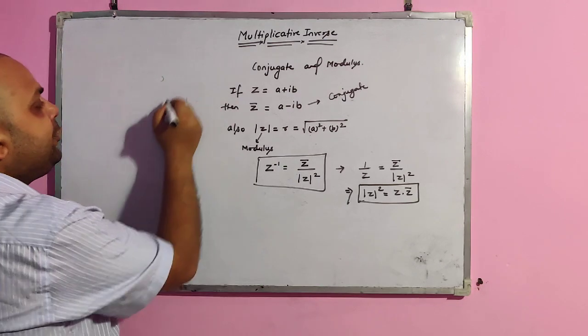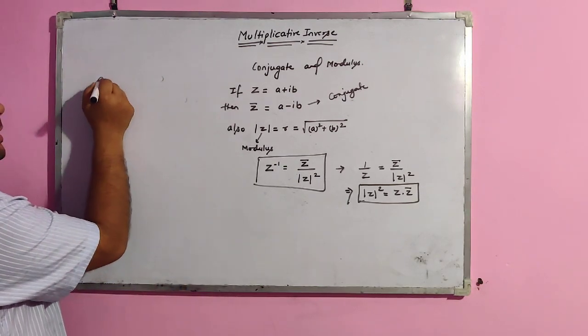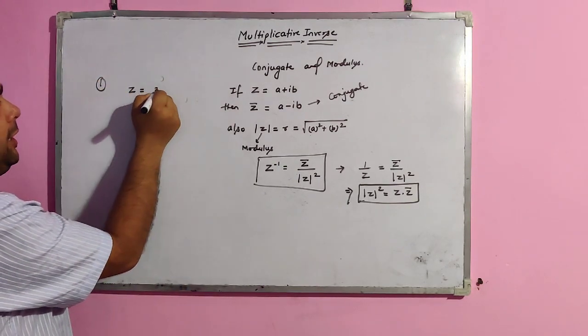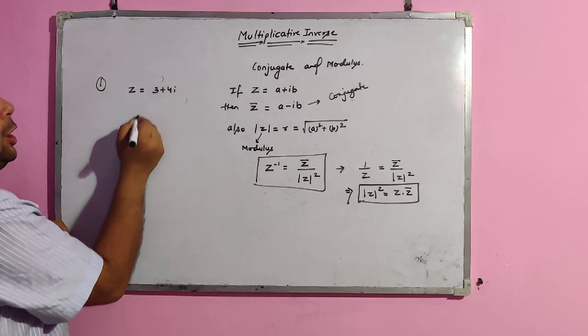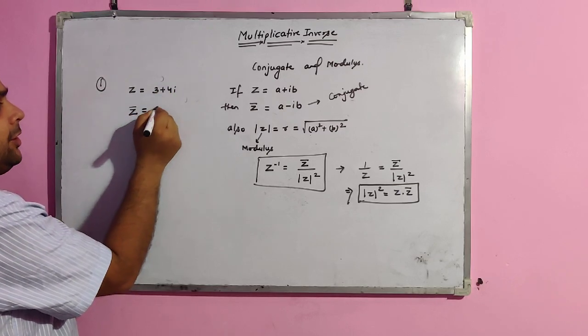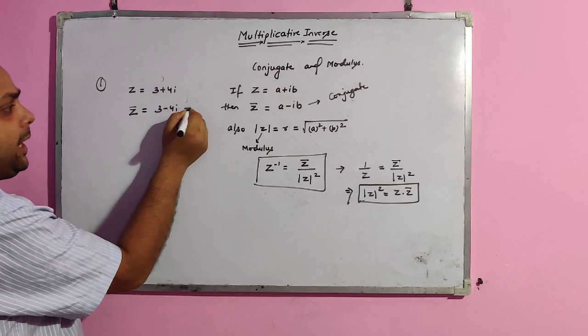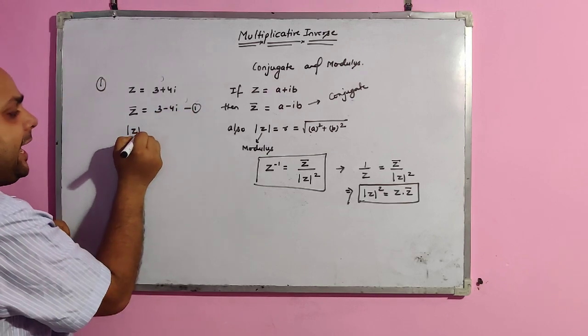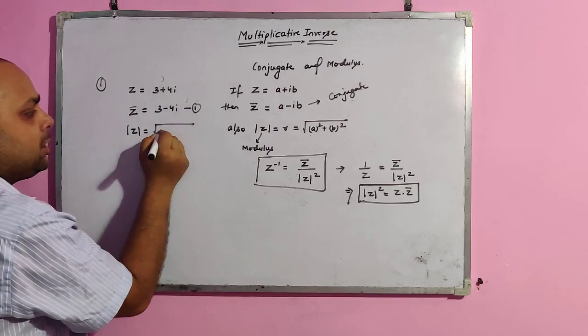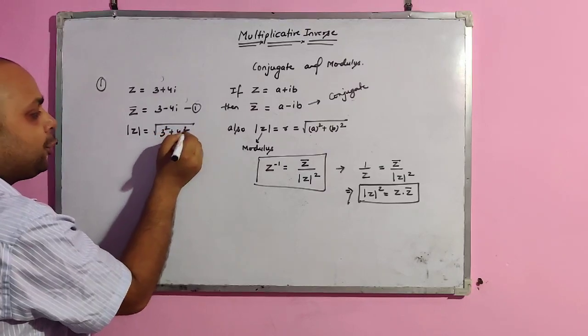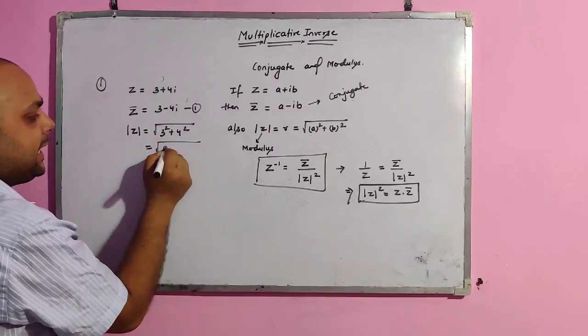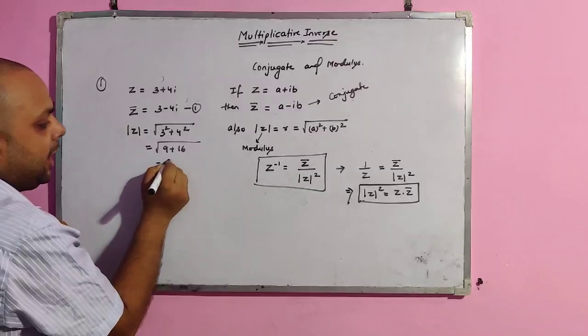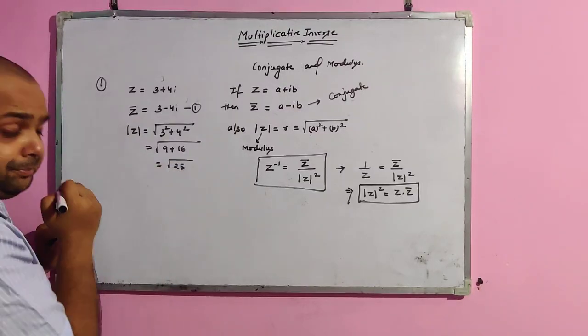Now suppose we have one example here. Z is equal to 3 plus 4 iota. So the conjugate is 3 minus 4 iota, and the modulus we have is under root 3 square plus 4 square, which is equal to under root 9 plus 16, under root 25.